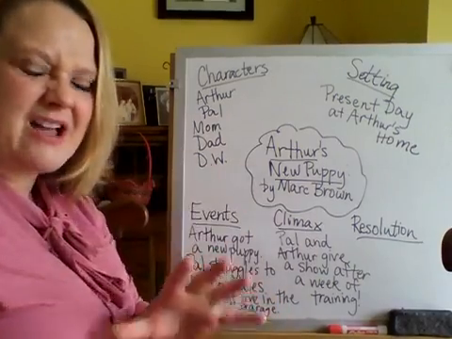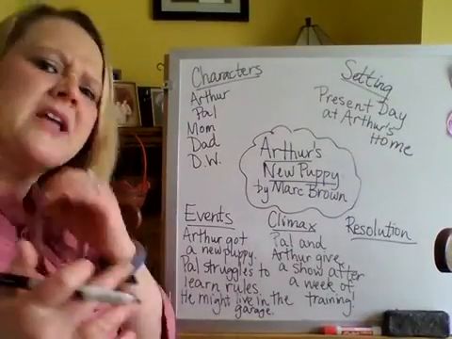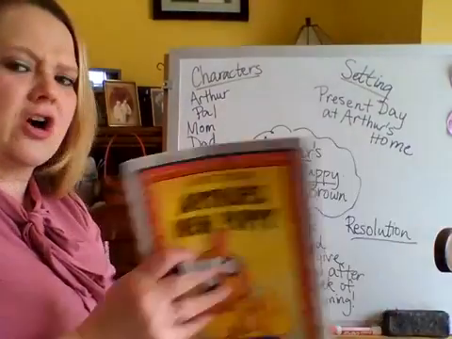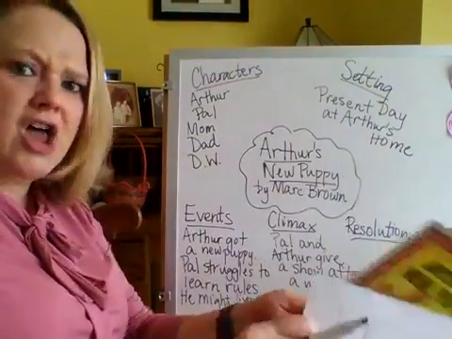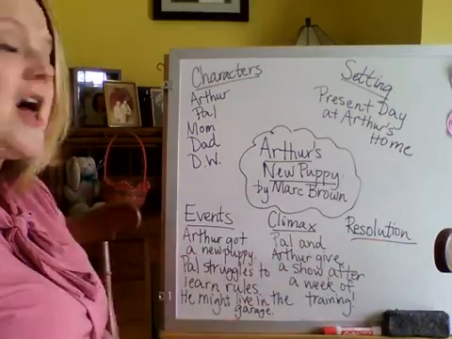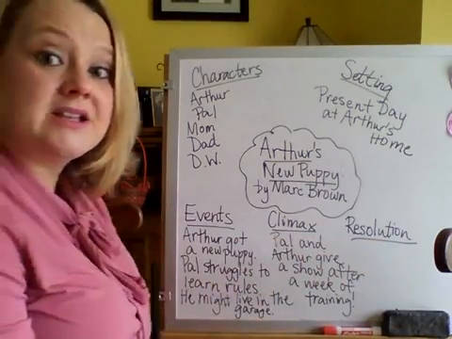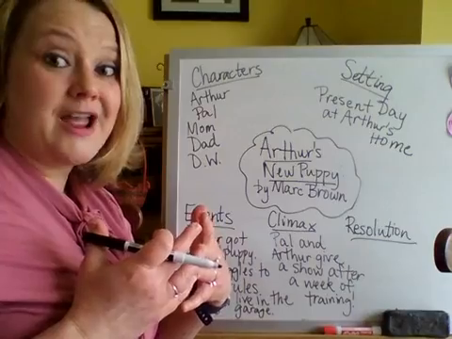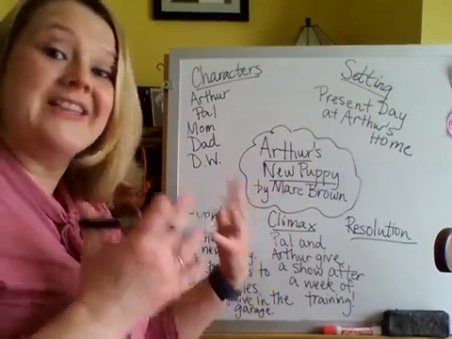I'm not jumping around in many different places, and a reader or someone that has never heard Arthur's New Puppy wouldn't be able to follow the plot of the text, which is what this is, the plot. And so my resolution is where all the loose ends are tied up, and we find out Pal gets to live at home in the house.